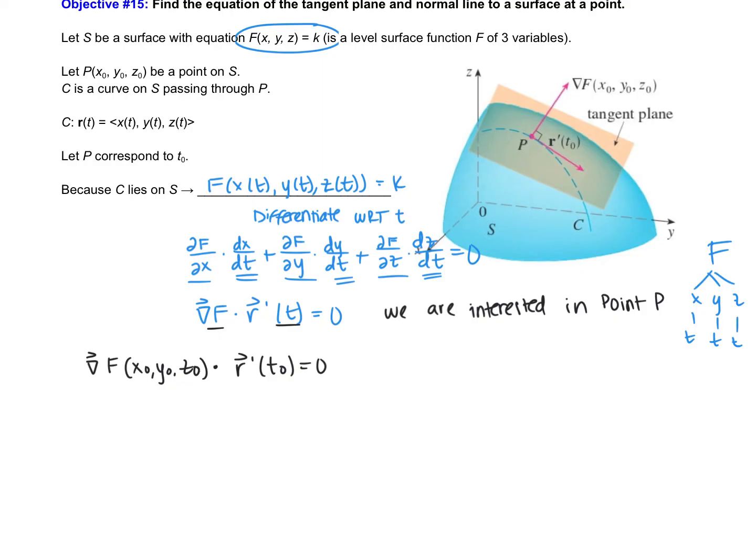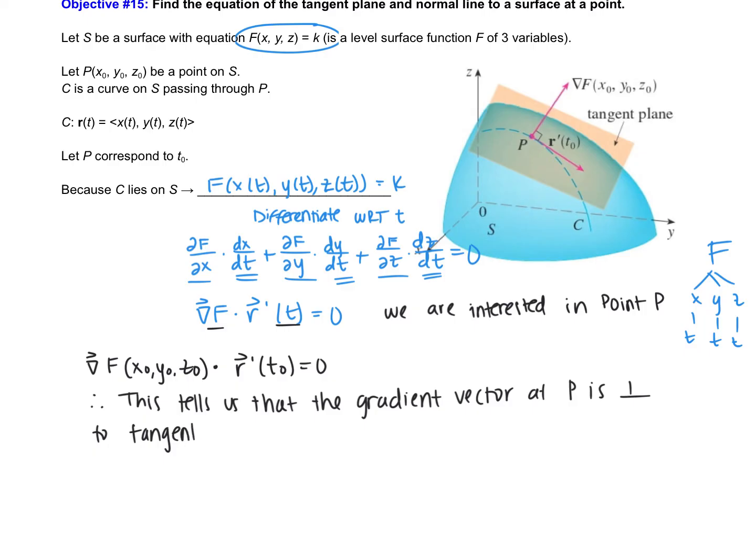Okay, so formally, what does this tell us? This tells us that the gradient vector at point P is perpendicular, or orthogonal, to r prime. Well, r prime is the tangent vector passing through P.